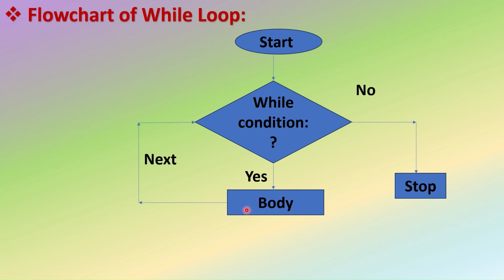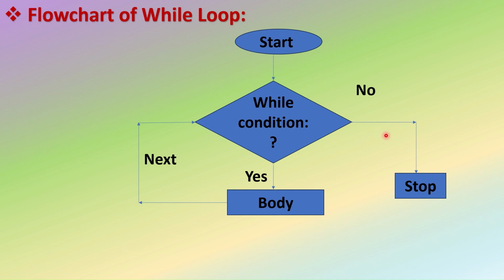Once those statements are executed, the increment happens. So after the incrementation, it checks the condition with the incremented value. If this time the condition is true, the same process gets repeated. If the condition becomes false, it comes out of the while loop.